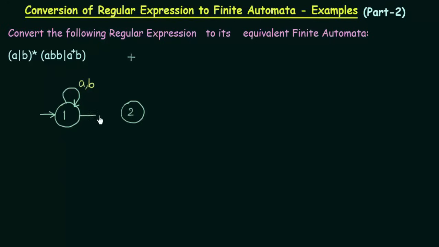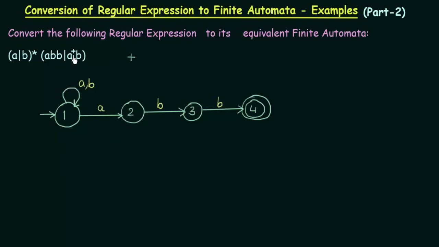So from here, this state 1 will go to state 2 on getting input A, that is this A over here, and then I'll make another state over here which is state 3, and I will send this state 2 to state 3 on getting input B, which is this B over here, and there is one more B. For that I will make another state which I will call state 4, and state 4 will also be a final state because this is a terminating symbol, and this 3 will go to state 4 on getting the next input B.